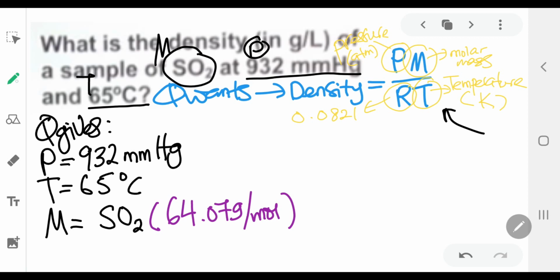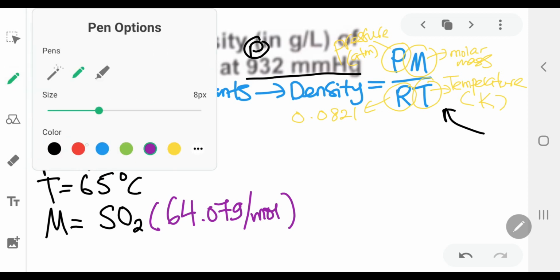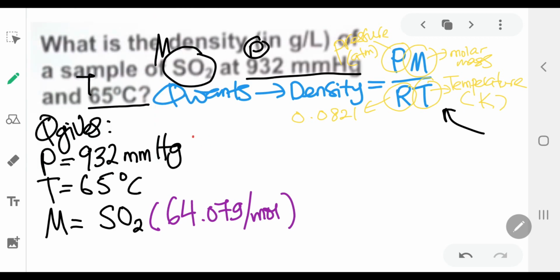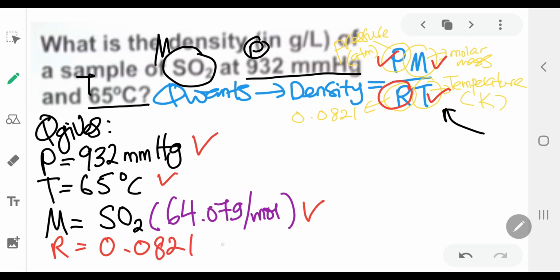So when you double check, we have your pressure, yes. We have your temperature, yes. We have your molar mass, yes. And of course, R is always going to be 0.0821 liter ATM per mole per Kelvin.